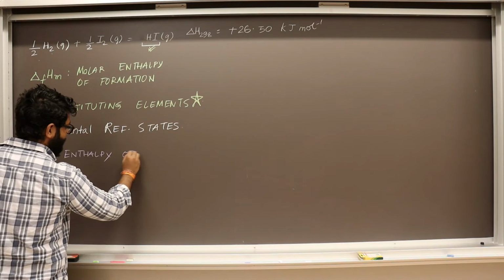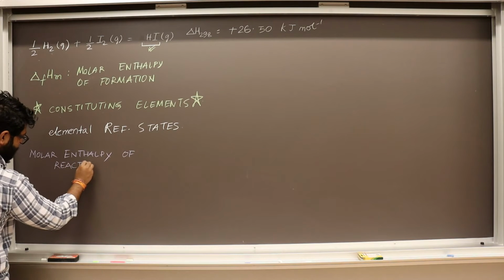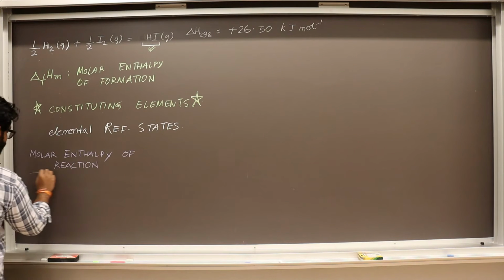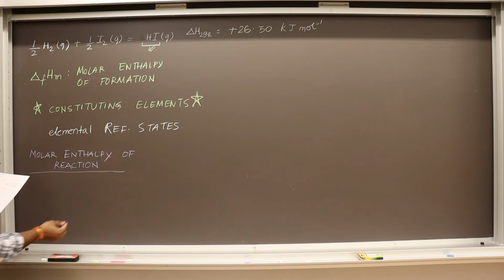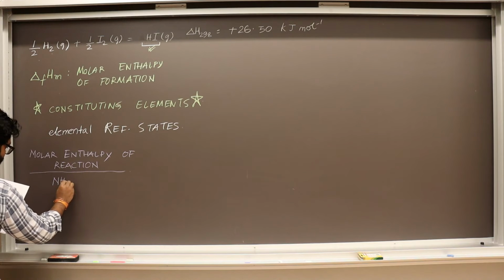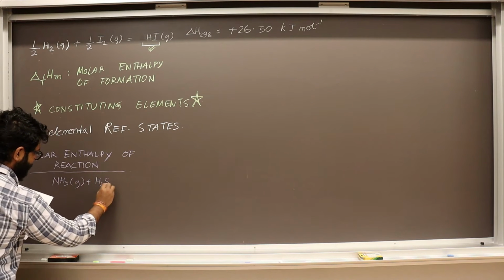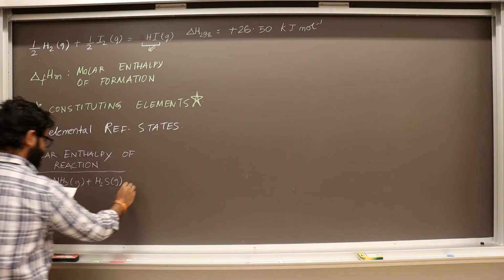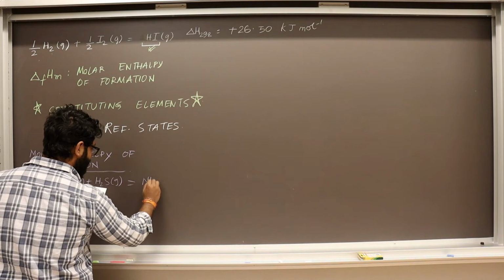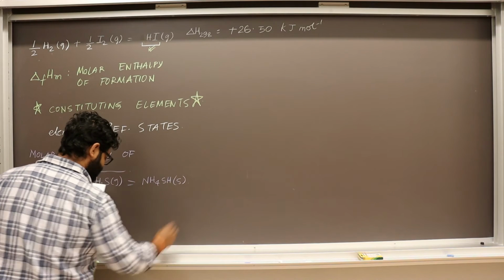Let's say, for example, you have an equation like NH3 gas plus H2S, hydrogen sulfide gas, giving you NH4SH in the solid state.